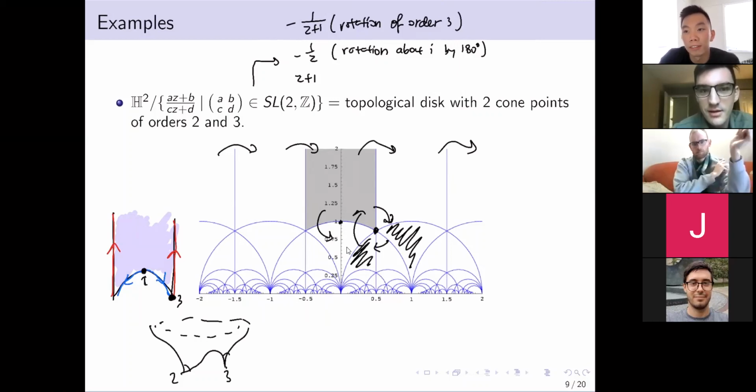No, it does not. So how are they acting now? Because the group just acts on the upper half plane, it doesn't act on the quotient space anymore, does it? Right.